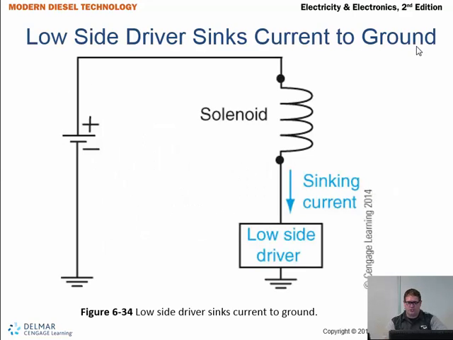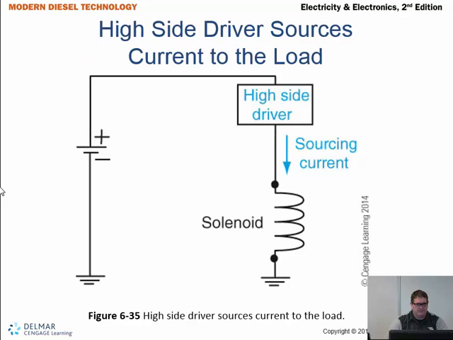All right, a low side driver sinks current to the ground. So here, if you're following my cursor, you're going from your battery or your positive voltage source over here. You're going through your solenoid winding, and your solenoid winding is being grounded by the low side driver. That low side driver is connected to ground in the module itself.